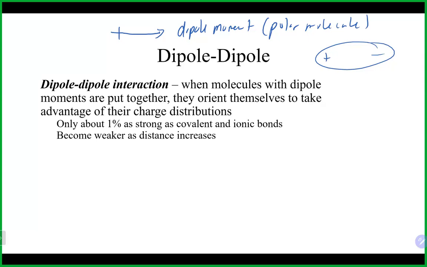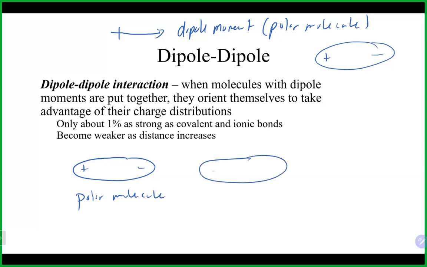Essentially, you have one molecule that has a positive and a negative side. When it interacts with another polar molecule, either another one like itself or a different molecule altogether, they will align themselves so that the positive side of one is attracted to the negative side of the other, and that is how they interact with each other.